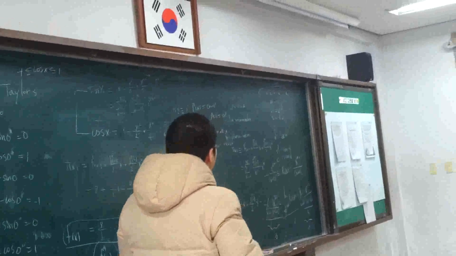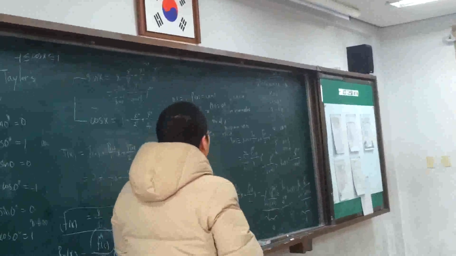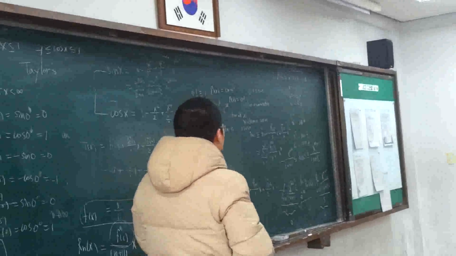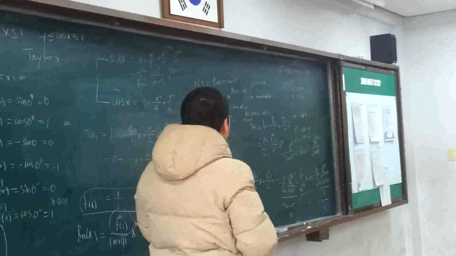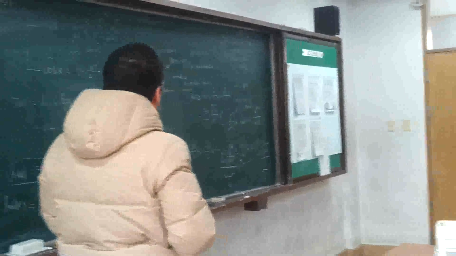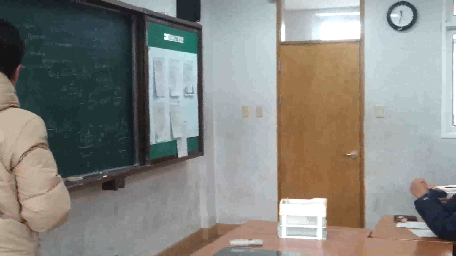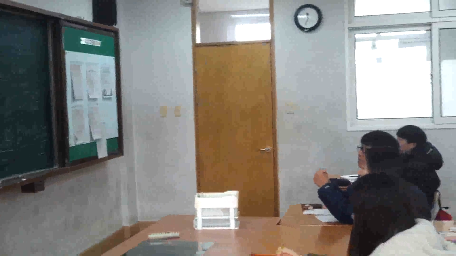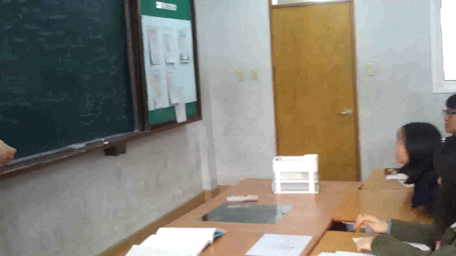You can find in a book which deals with the gamma function, and you can see why 0 factorial equals 1. At this time, you can just think 0 factorial equals 1. This is just definition. Any other questions?